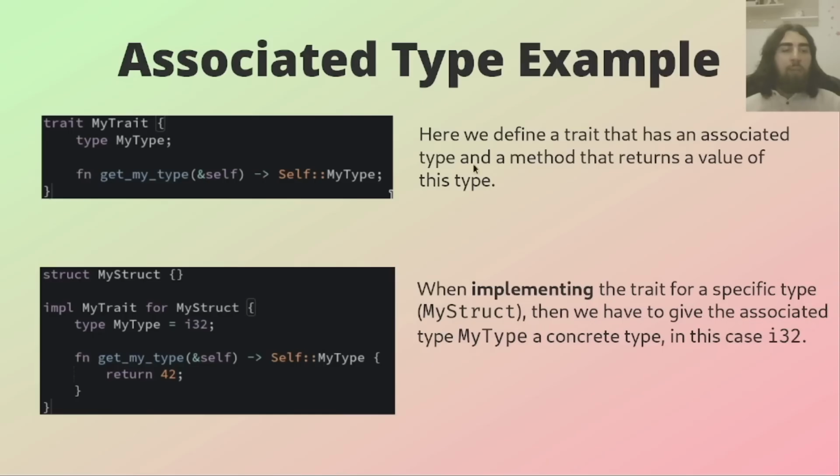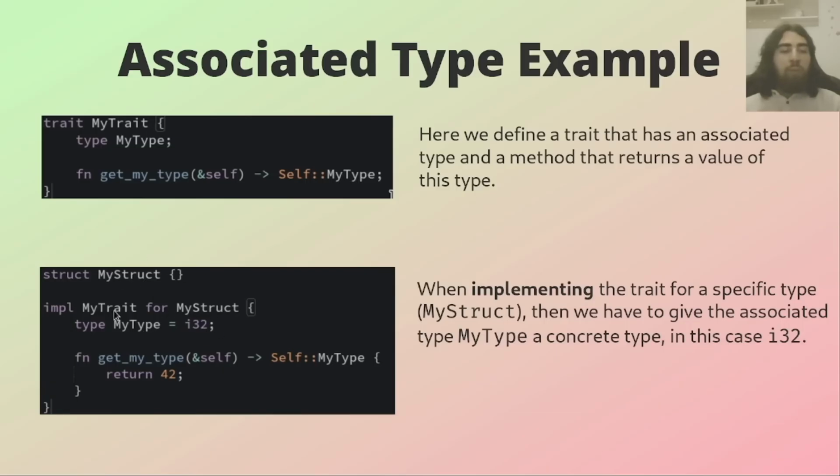Let's see an example. We have here MyTrait, and this has an associated type called MyType. And as you can see, we can then use this associated type in the methods we are defining in the trait. So here, for example, we define that the return type should be of type MyType. Meaning when we implement this trait for a concrete type, like for example MyStruct, then we have to define the concrete type.